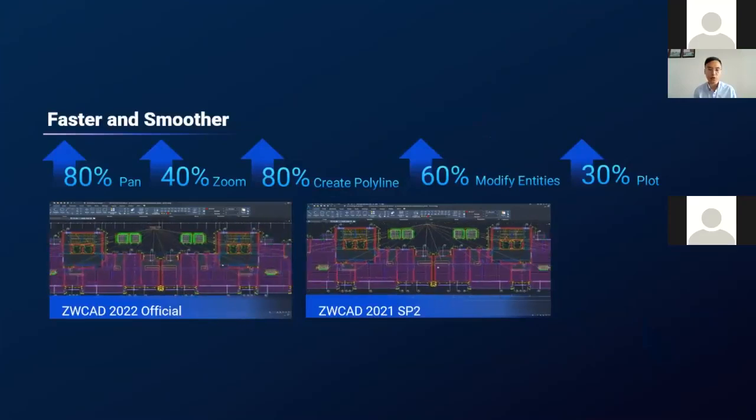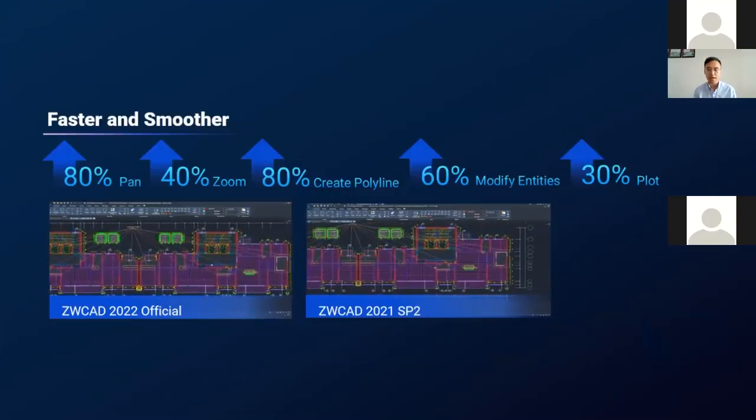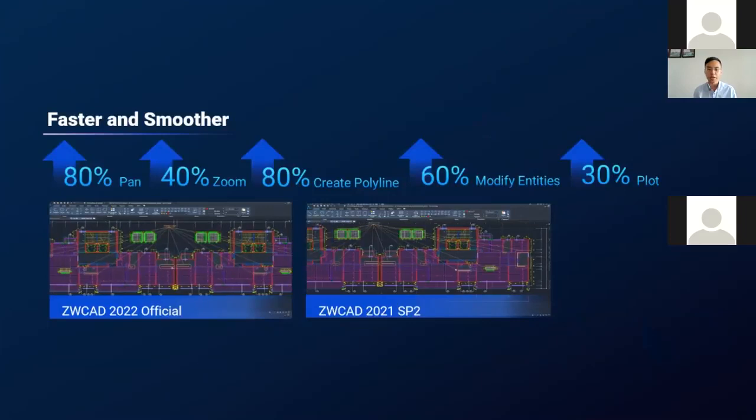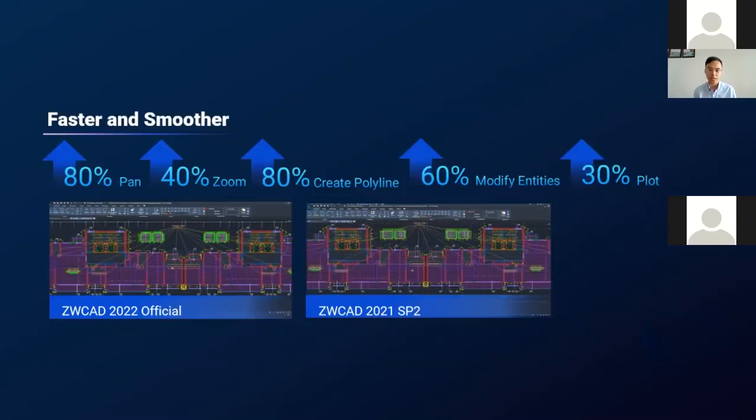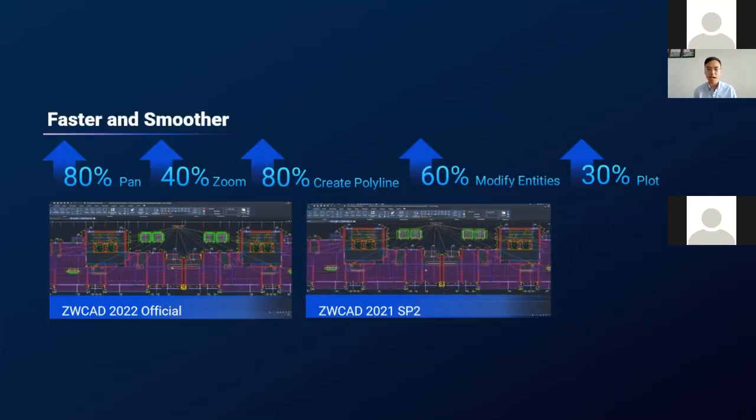So I will not go through the detail with you. The best way to experience the new speed of ZWCAD is to download the new version and try it by yourself. When you try it, you can feel the ZWCAD 2022 version more directly.